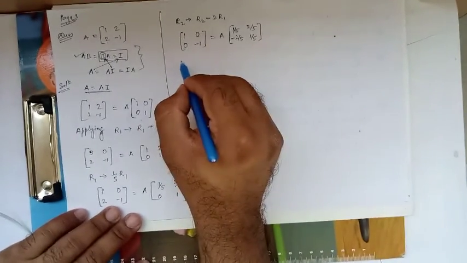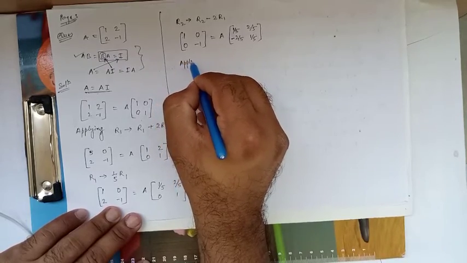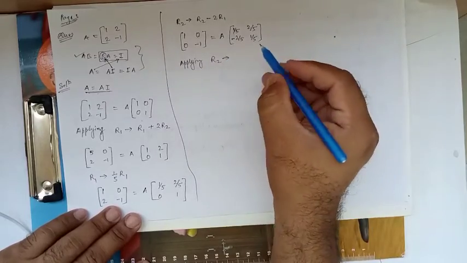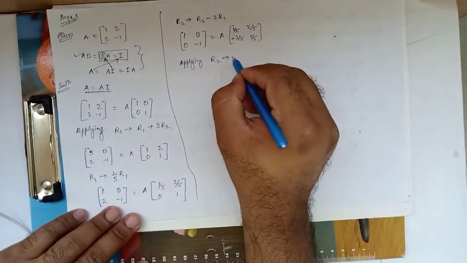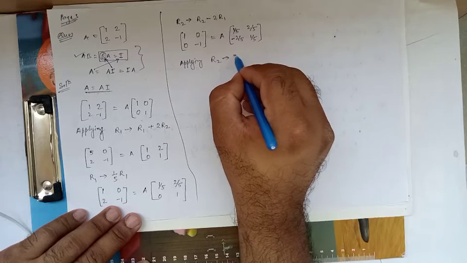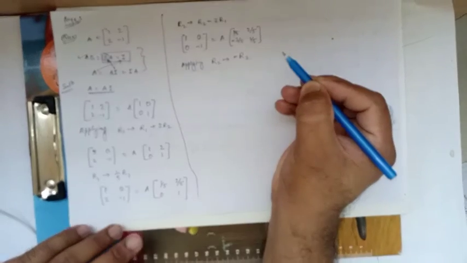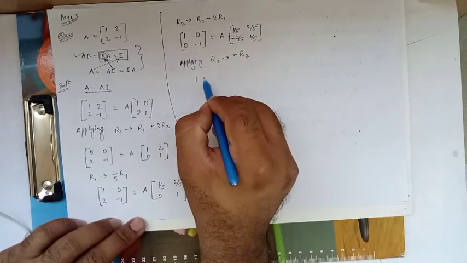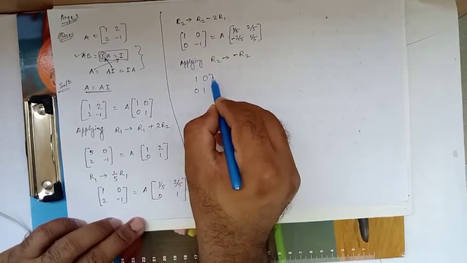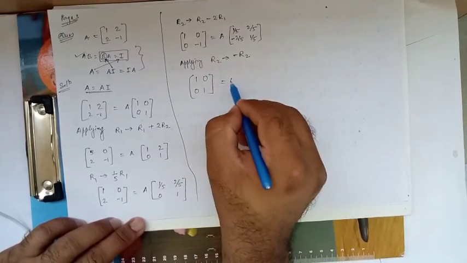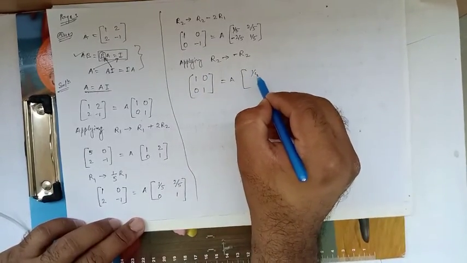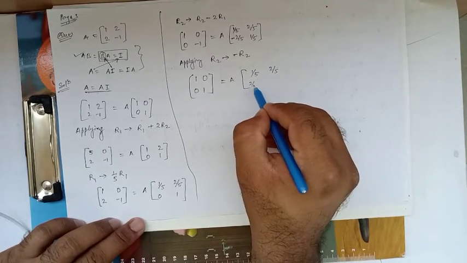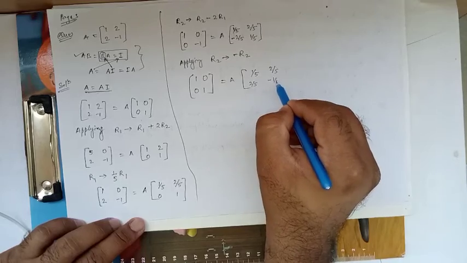So what we are doing is, now applying R2 goes to negative R2. So what we are getting is 1, 0, 0, 1 equal to A, 1 by 5, 2 by 5, this is 2 by 5, and this is minus 1 by 5.